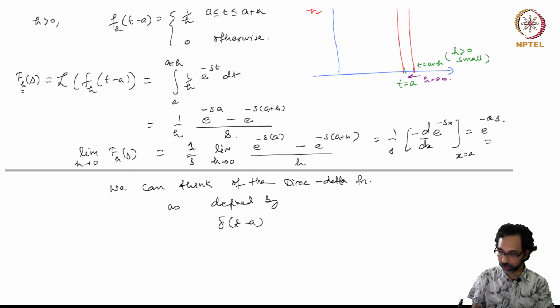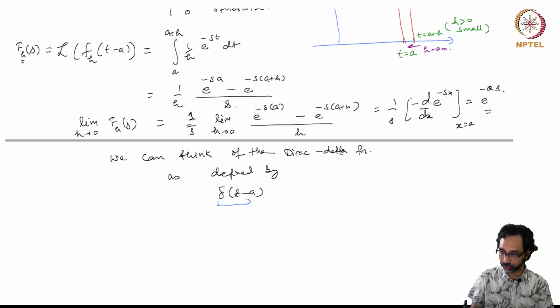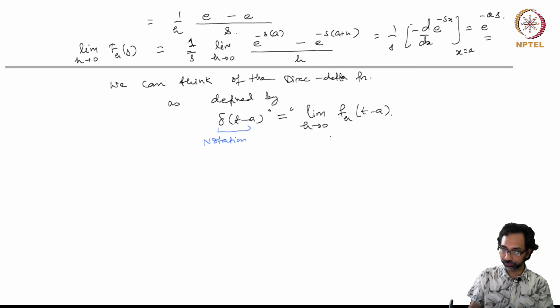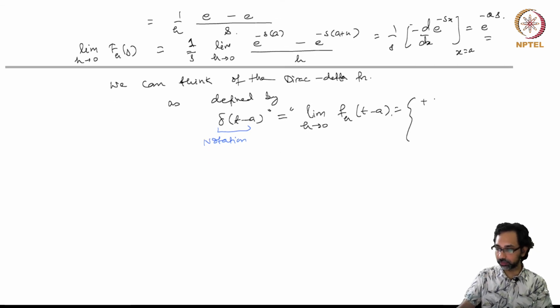Delta(t minus a) is the notation for the Dirac delta function, and this is equal to the limit, I am putting it in quotes because this limit is not well defined, of f_h(t minus a), because this will give you plus infinity at t equal to a and 0 otherwise. So this so-called function is not really defined at t equal to a.